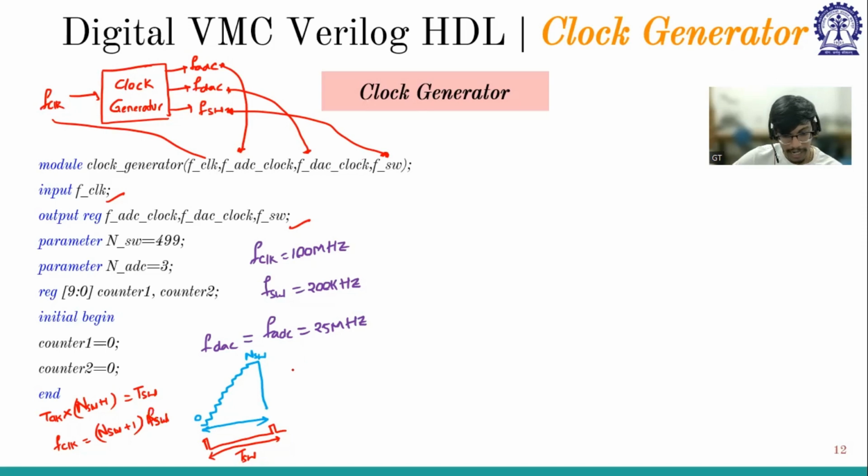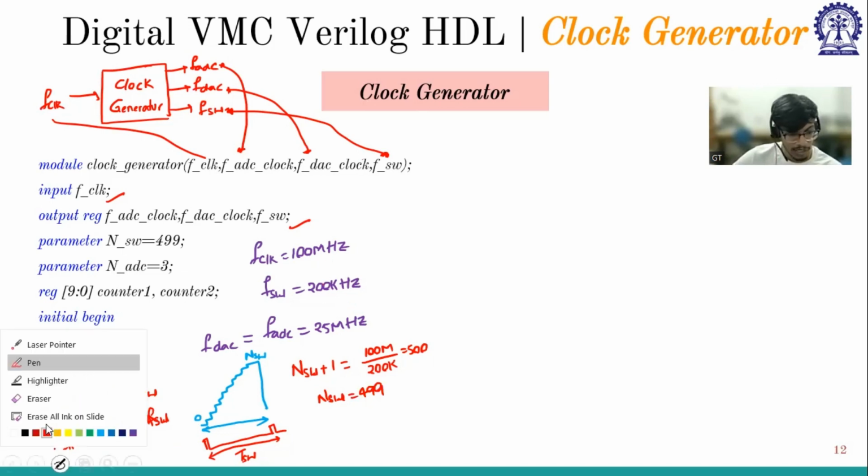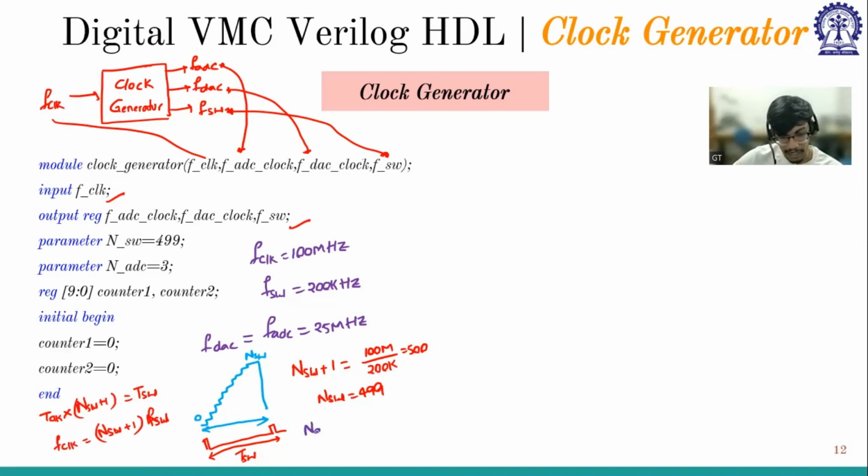So NSW plus 1 is equal to F clock, 100 megahertz, divided by 200 kilohertz. This is 500, so my NSW is 499. So I have to count till 499 so that I'll get a 200 kilohertz clock from 100 megahertz. Similarly, for NADC, NADC plus 1 is equal to 100 megahertz divided by FADC, which is 25 megahertz, which is 4. So my NADC should be 3. That's why SAR is using NSW 499.